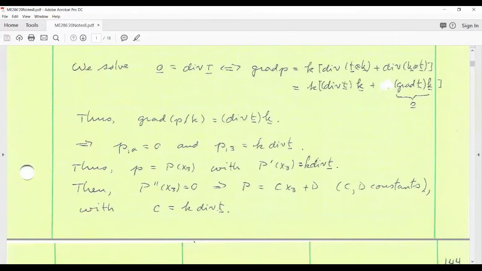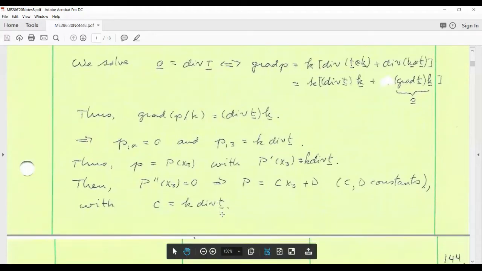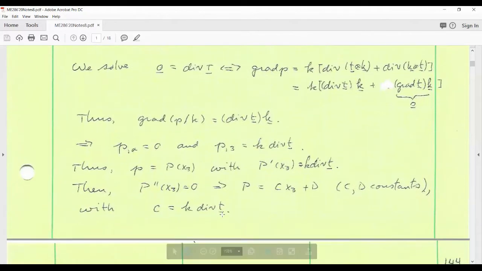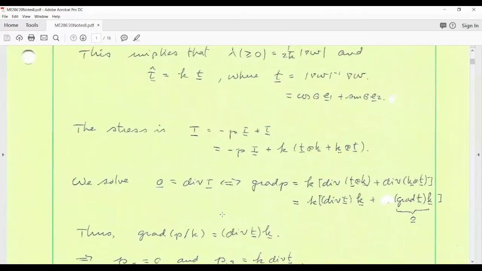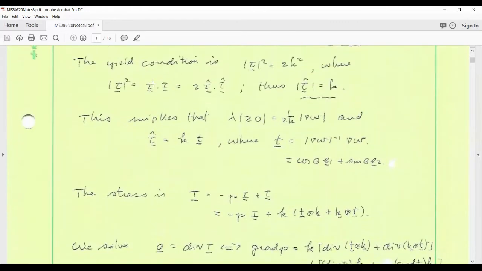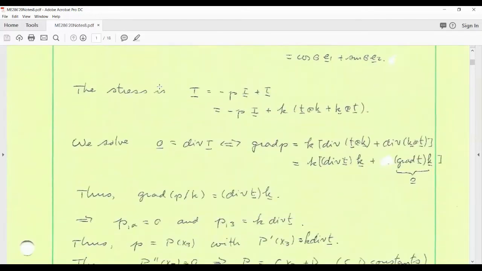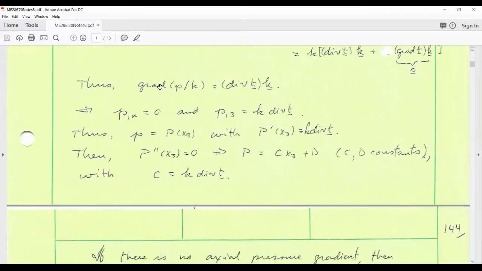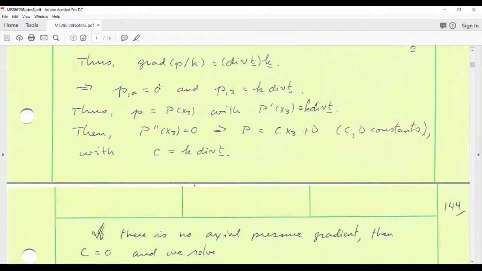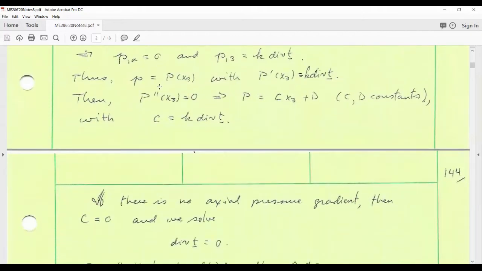So because t is determined by this angle theta, this is one scalar equation to determine theta. Once you know theta, you know the shear stress vector, which then tells you the deviatoric stress. Okay. So you reduce it down to a single equation.